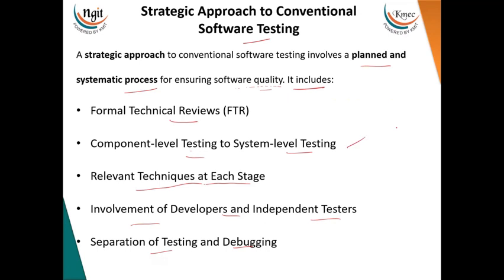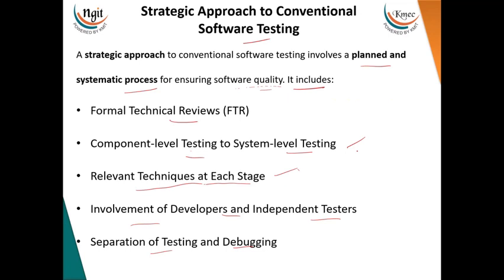We start testing from small parts called components, and then we test how they work together as a system. The third point, relevant techniques at each stage, means we use different testing methods depending on which stage we are in. Involvement of developers and testers means both the developers and the testers will do the testing.